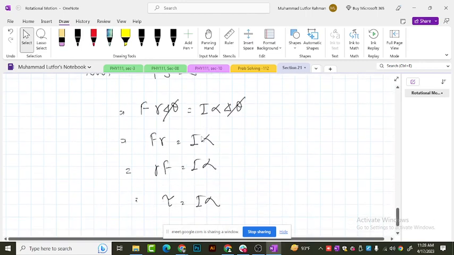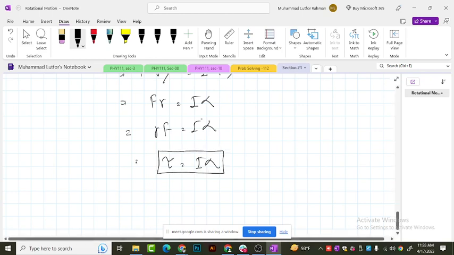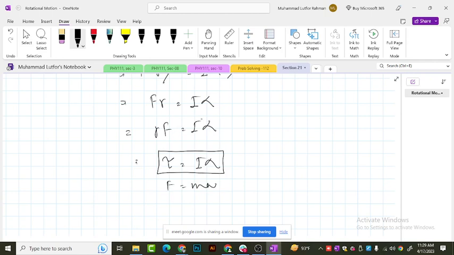This equation is known as Newton's second law in terms of rotation, because it is analogous to F equal to ma. In the case of rotational motion, the moment of inertia is analogous to the mass, and alpha is analogous to the a. So this is Newton's second law in terms of rotation. We will use this one often.